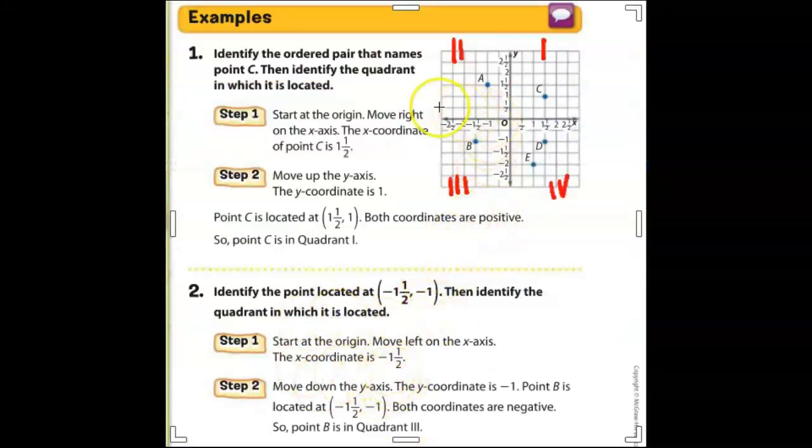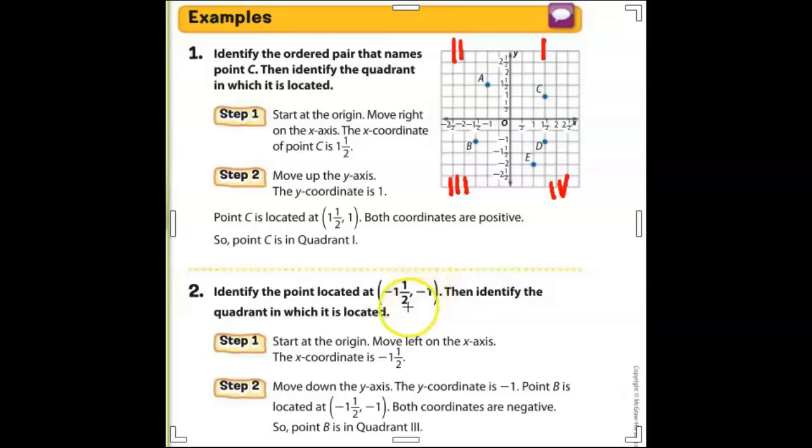In the second example, they're still using this same coordinate plane. So it's asking again for us to identify the point that's located at -1 and 1/2 and -1. And then we're going to identify the quadrant. Of course, I've already labeled the 4 quadrants, 1, 2, 3, and 4. At this time, instead of giving us the point as a letter, they're giving us the actual ordered pair.